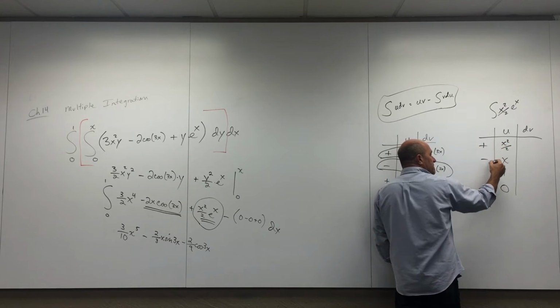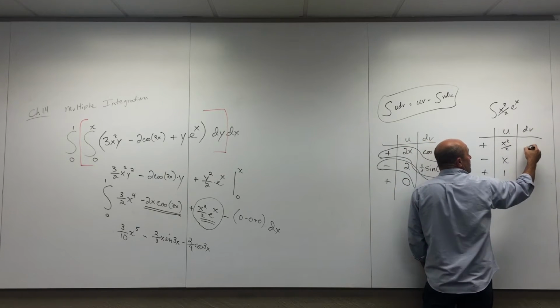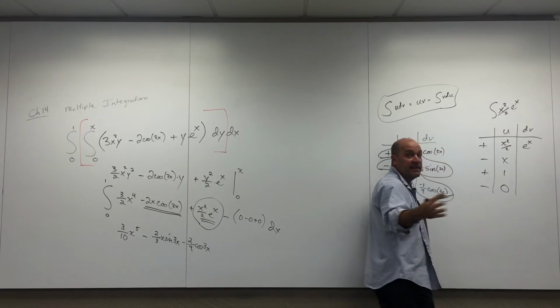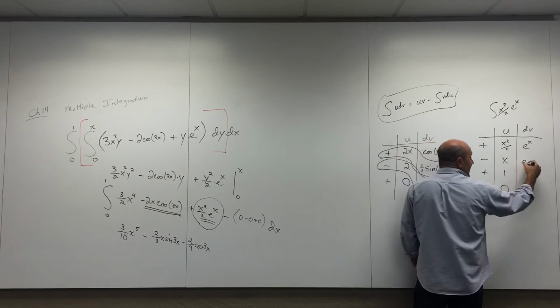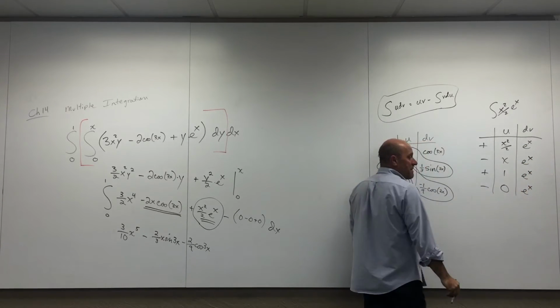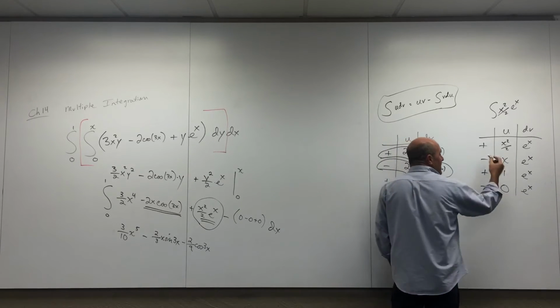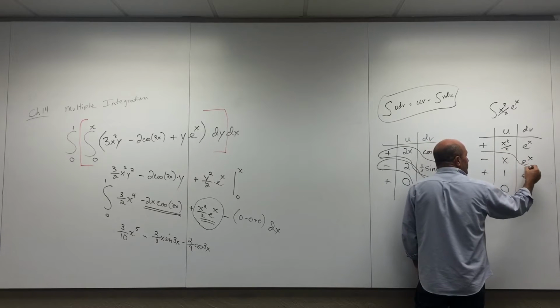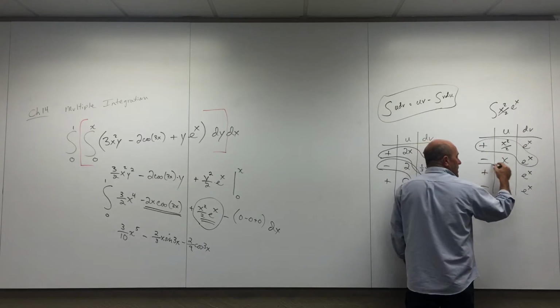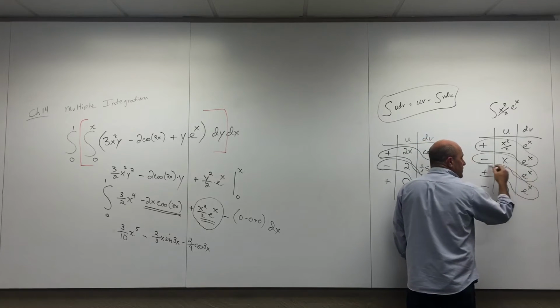Over here we put a plus, minus, a plus, a minus. And over here we identify the dv as e to the x, and we integrate. Integrating e to the x is the funnest thing in the world. That's what they say. Here we go. The answer to this integration by parts is this term, plus this term, or minus, and plus this term.